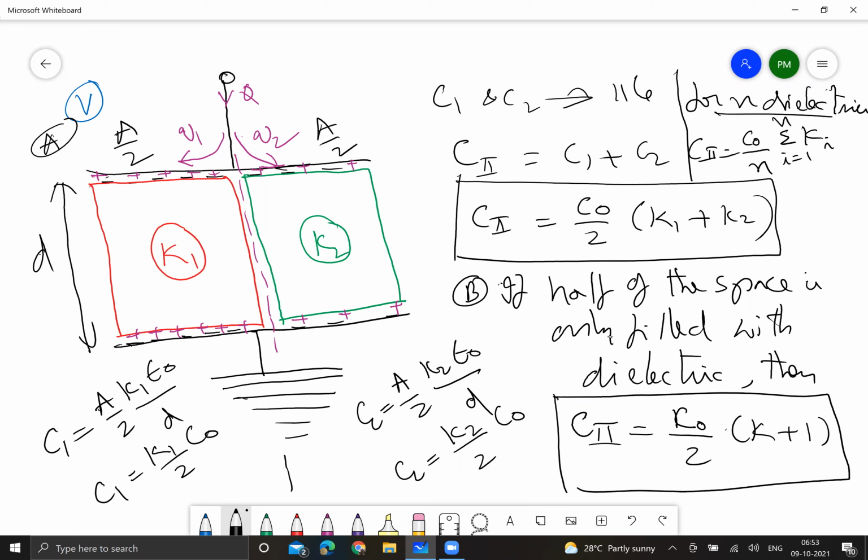So if you use the same values of dielectric constants and capacitance which we did already, then here C will become 5 by 2 into 16. 12 and 4 we gave, so you will get 40.